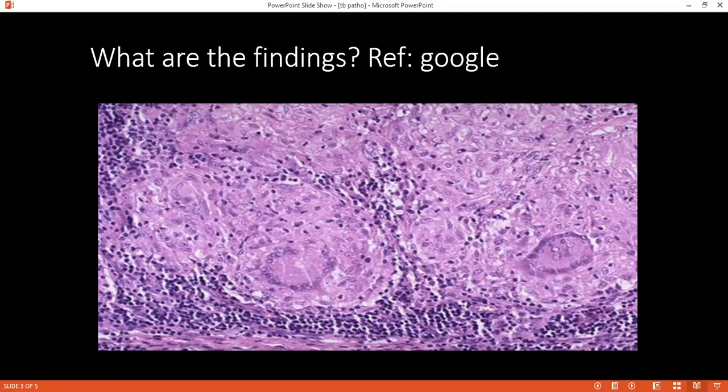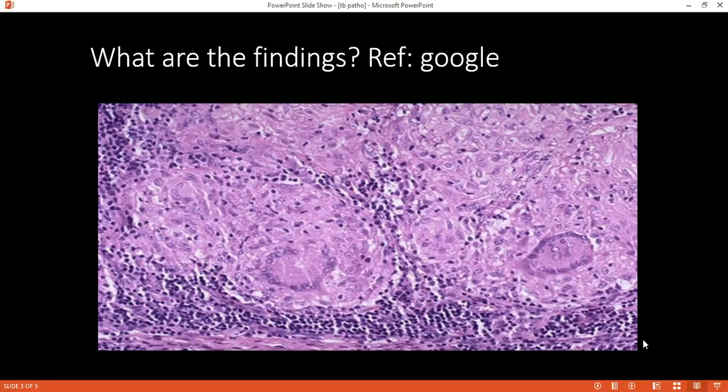What do you see? These are lymphocytes, and the center is proliferated, and there are giant cells in the center. Very good. That's what you have to describe.